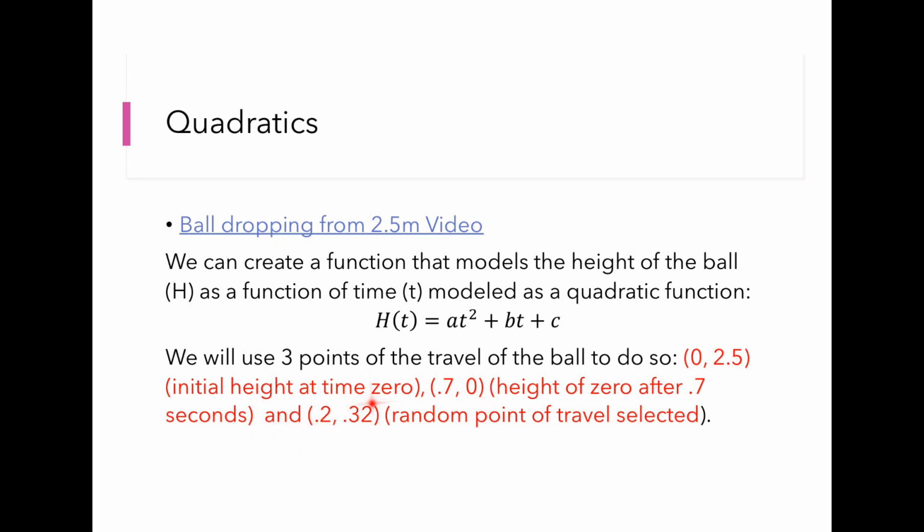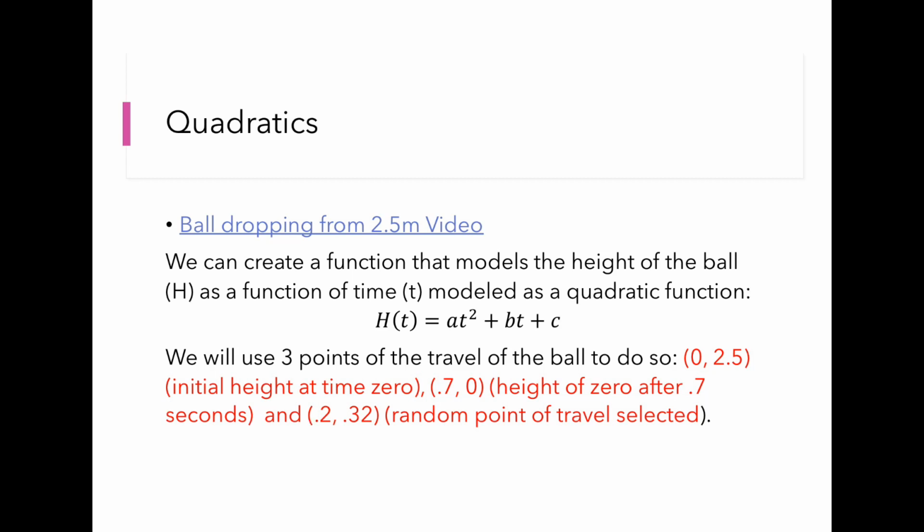And then I just have to pick one more random point. Now, why do I have to pick 3? With linear equations, we only had to have 2. Quadratics are a little more difficult in that we have 3 unknowns that will define this equation: a, b, and c.